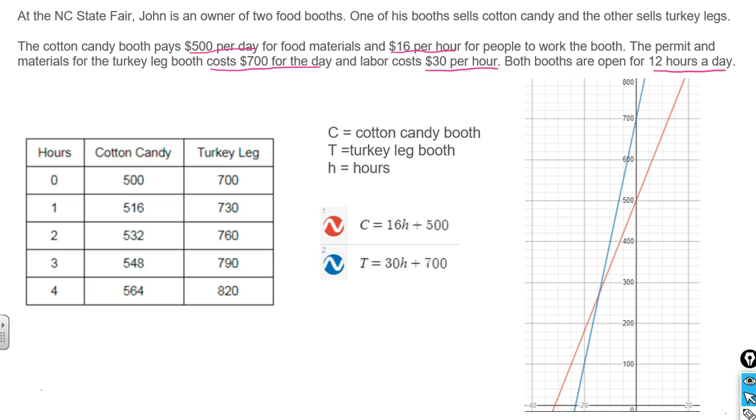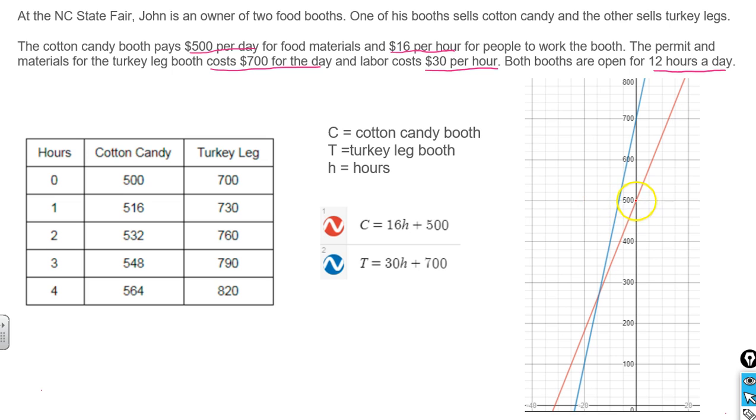And then if we look at the graphs, we can see that we've identified the cotton candy booth with the red and the turkey leg booth with the blue. So when we're looking at this red line, we can see that represents the equation here, and we can see it represented in the table here.